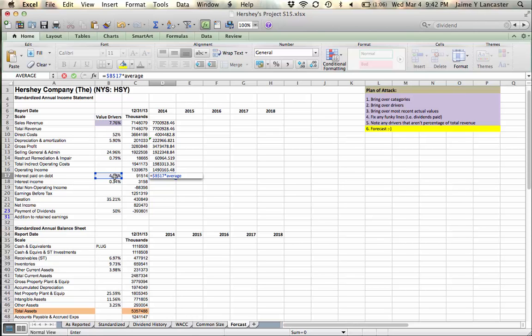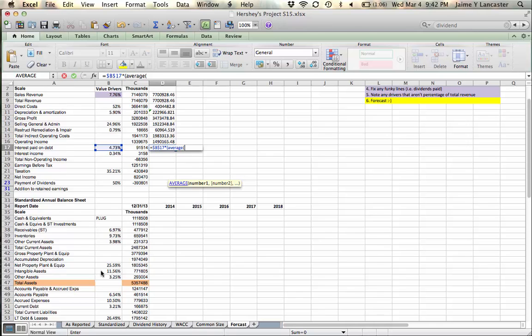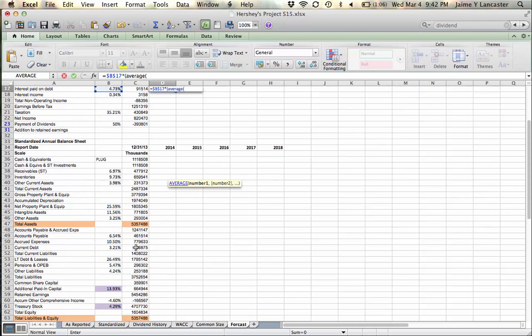The thing is that we have two balances of debt that are important here. So we have our average balance of current debt plus our average balance of long-term debt. If your firm doesn't have current debt, then you only have one to deal with. More power to you.